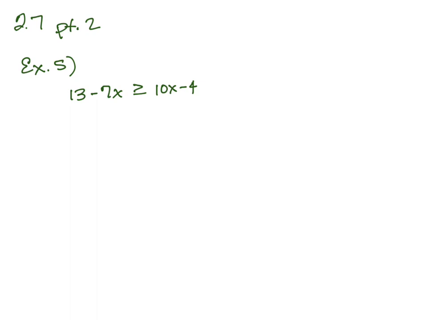A couple of things to remember about solving inequalities. Rule number 1. What was that yesterday? Okay, we want to move variables to the left if possible. That was actually rule number 2. That's fine. Flip the sign if you divide by a negative or multiply by a negative.